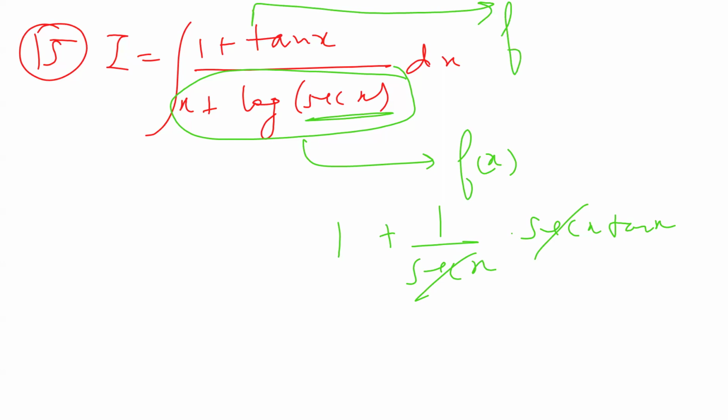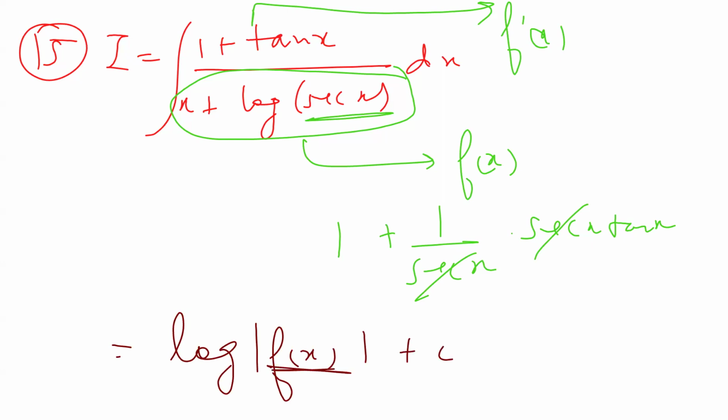Okay. So you can use the f dash x upon f of x property. f dash x upon f of x is log f of x. Now you can put the value of f of x as x plus log sec x. Method number 2 is you can put x plus log sec x as t, because its derivative is present in the problem.